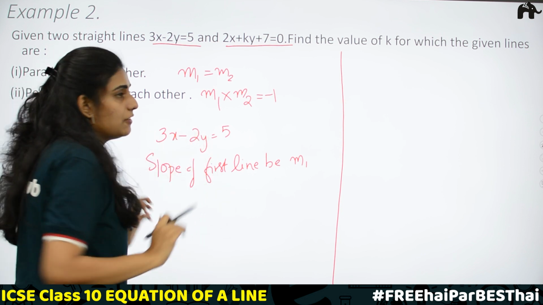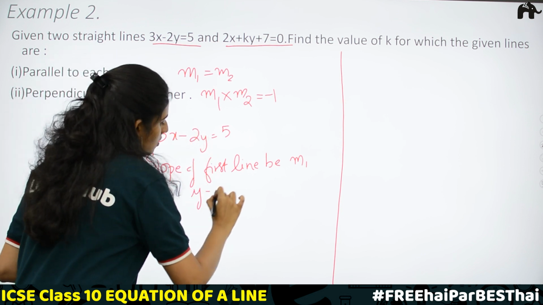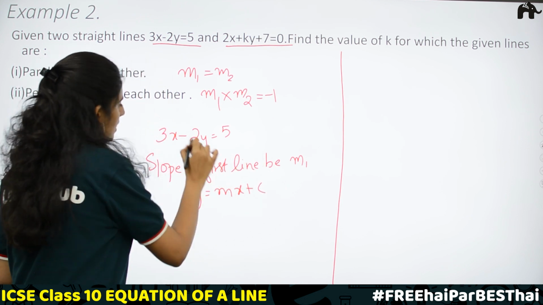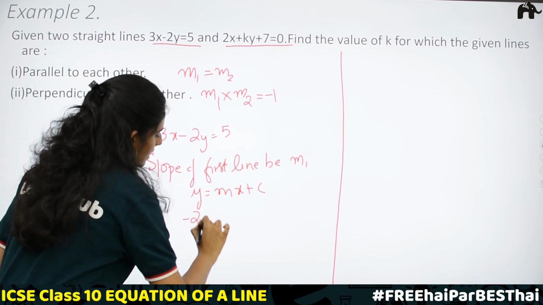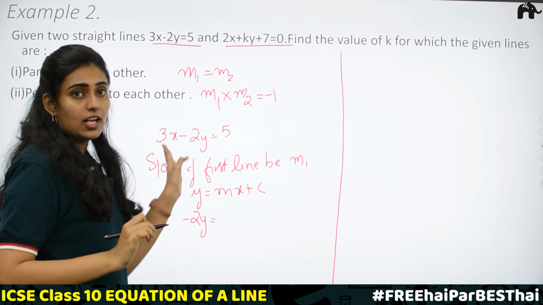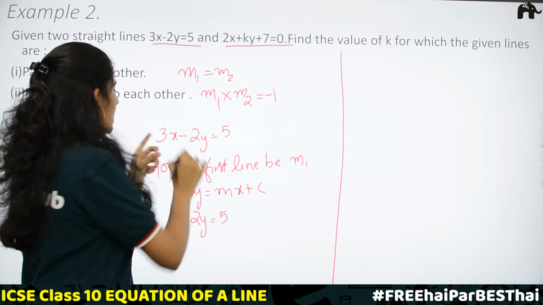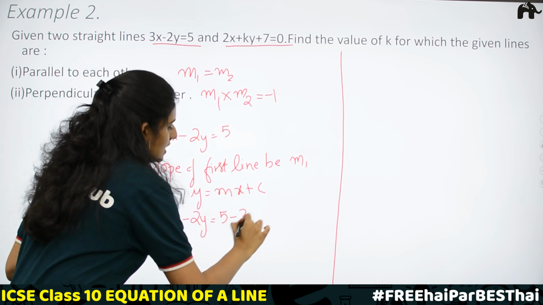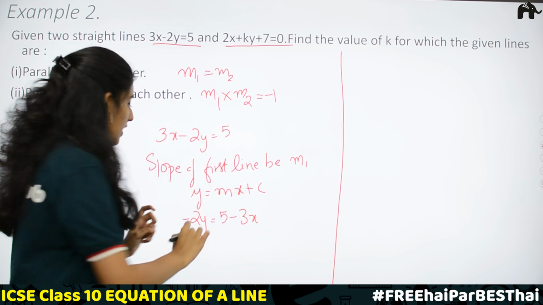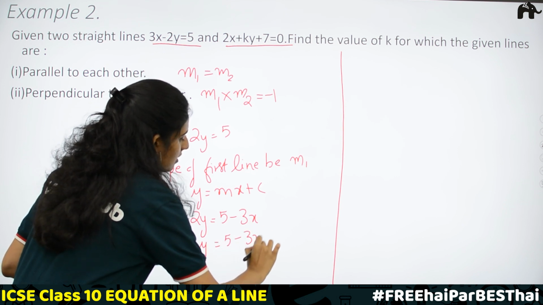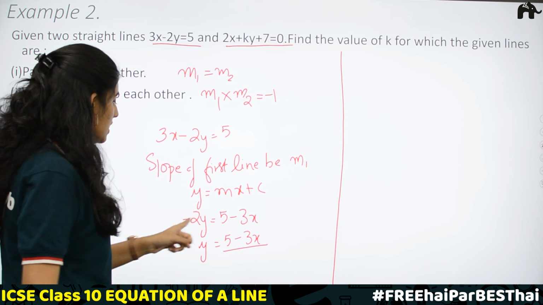We have to convert it to the form y is equal to mx plus c. Here we have minus 2y is equal to, taking all other terms to the opposite side, we have a 5 on the RHS, 3x becomes minus 3x. To get y, we have to divide throughout the RHS by minus 2.